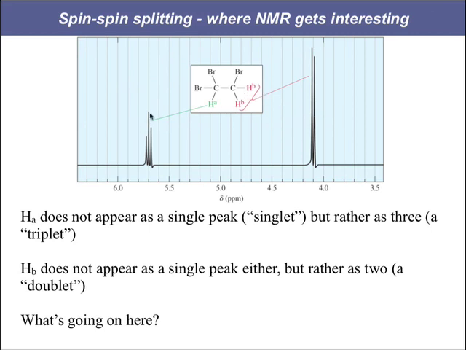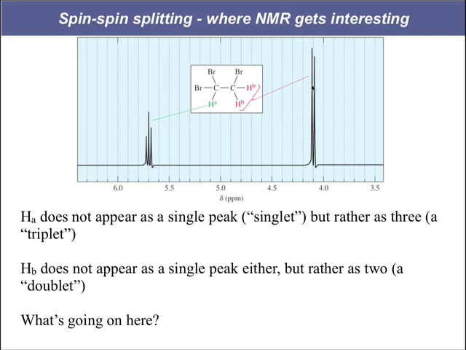But notice that hydrogen A is not a single peak. It actually gets split into a triplet, 3 peaks, which we call a triplet. And hydrogen B is not a single peak, but rather it gets split into 2, which we call a doublet. Now, 2 hydrogens showing up as a doublet, that might make sense.